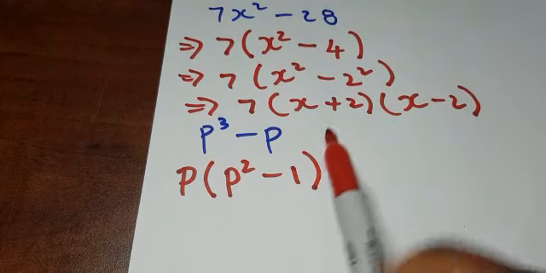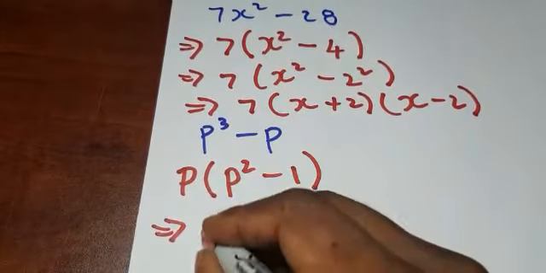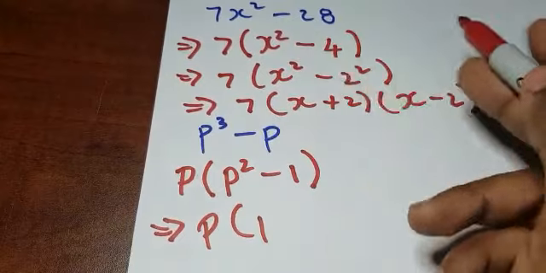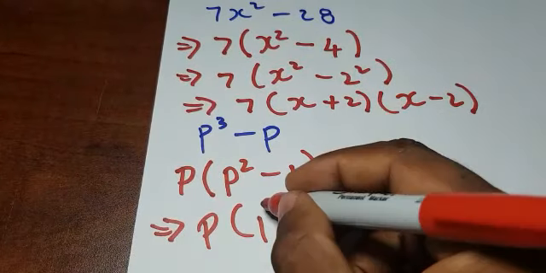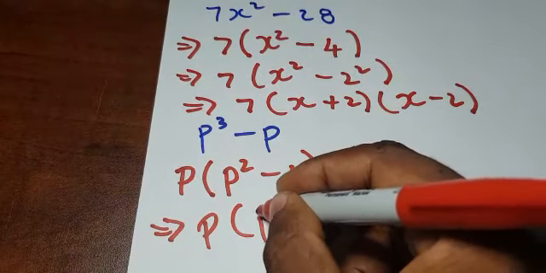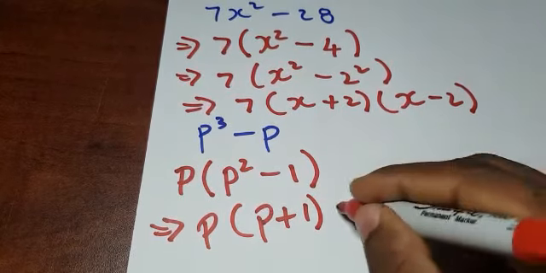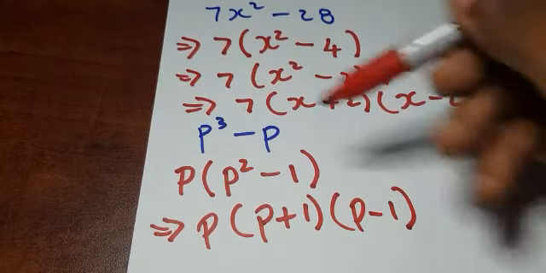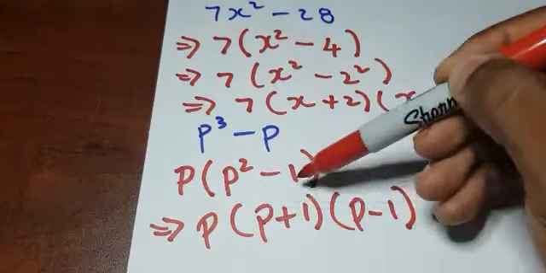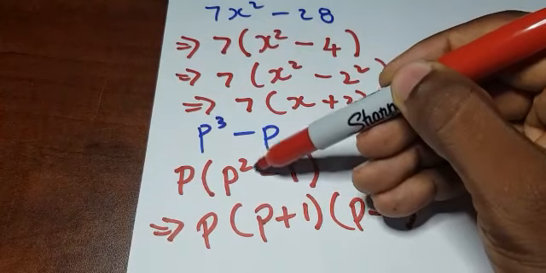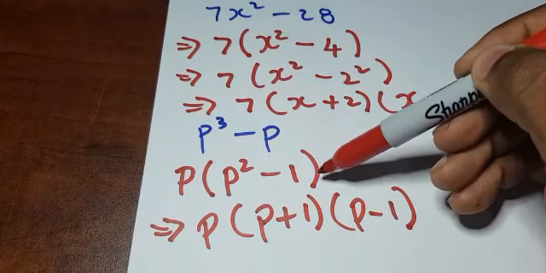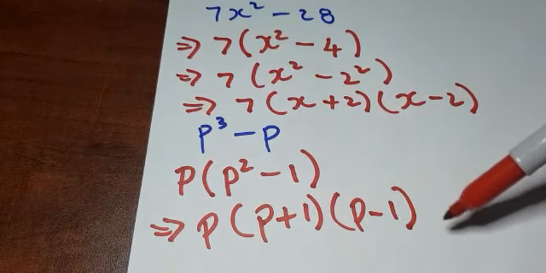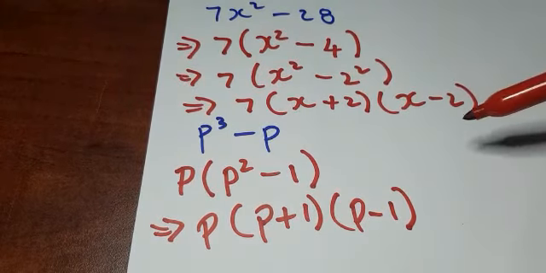So you have p squared minus 1 squared. So you can just apply what we did before, and your answer is just (p plus 1)(p minus 1). So we bring back the p and then factorize the p squared minus 1, which results in p plus 1, p minus 1, and you're finished.